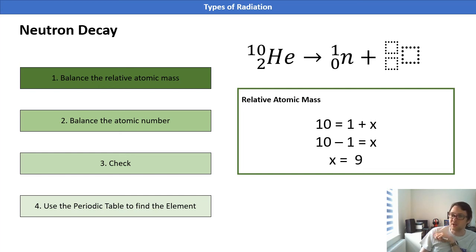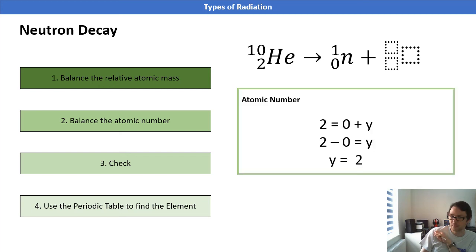We're losing 1 neutron, so that must mean I've gone from 8 to 7, but I've still kept my 2 protons, so I'm going to have a 9 at the top, or in other words, I've got 10 is equal to 1 plus another number, which is 9. Looking at the atomic number, we've got 2 is equal to 0 plus something. We know what that something is. It has to be a 2. So therefore, I've got 9 and 2.